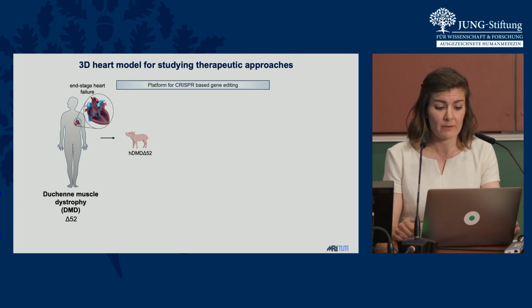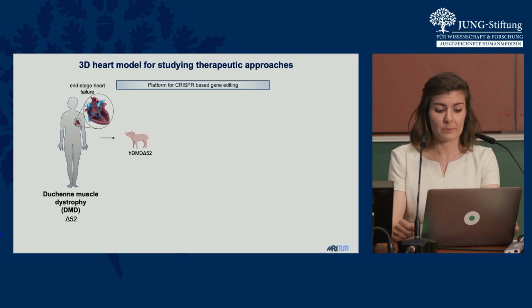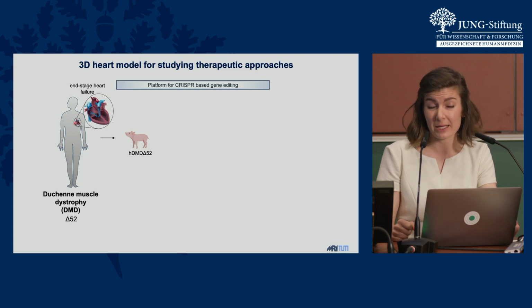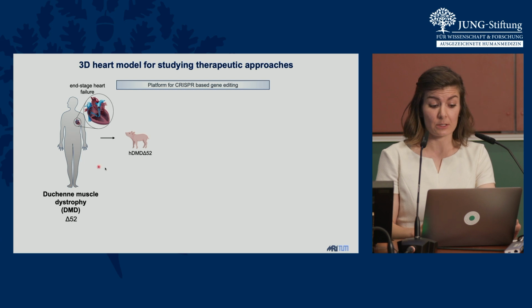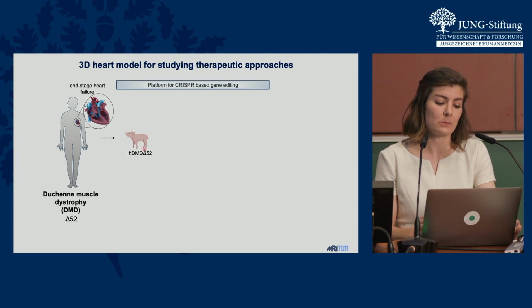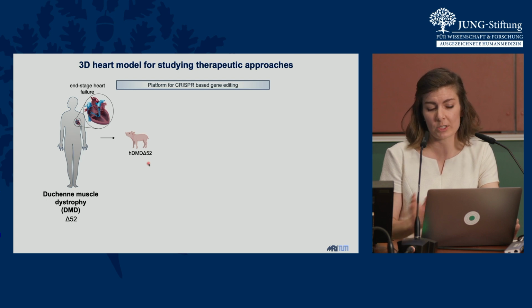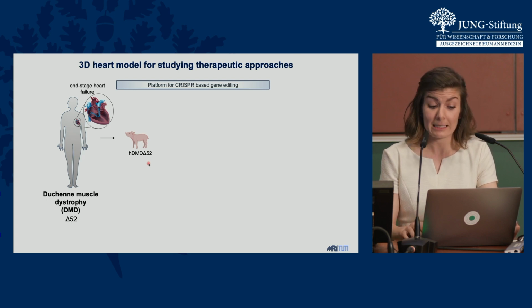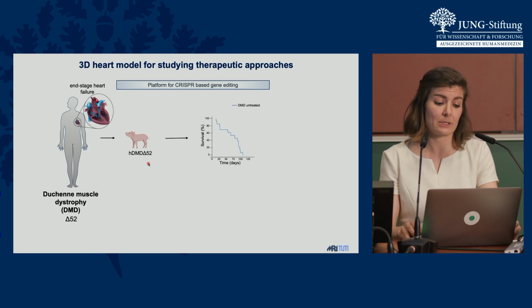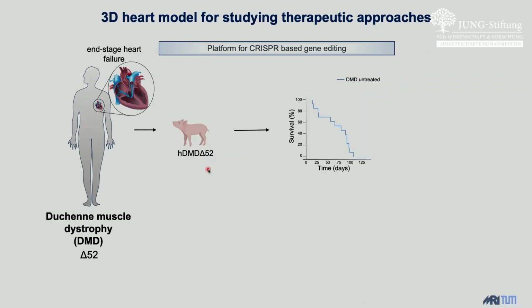In collaboration with our large animal group led by Christian Kupatt, we were working with a transgenic pig that carried a humanized DMD mutation that is a deletion of exon 52, which then leads to a frame shift. And these pigs had a very severe phenotype, which was characterized by a very limited survival time.